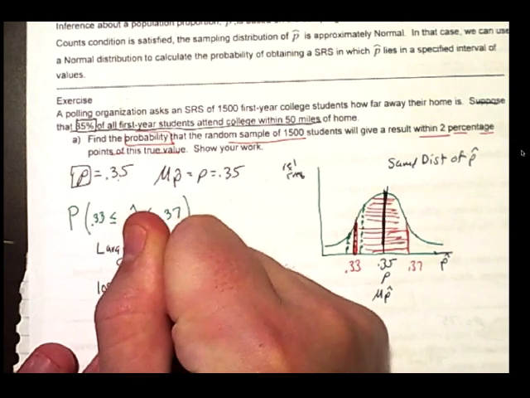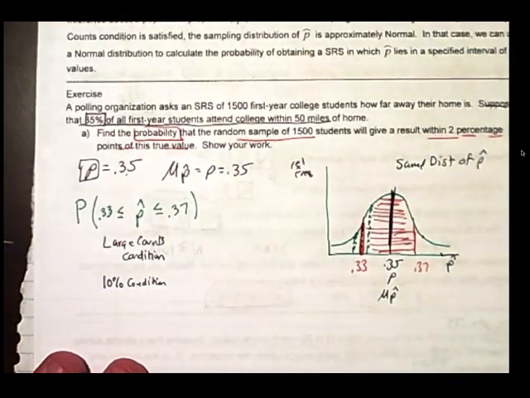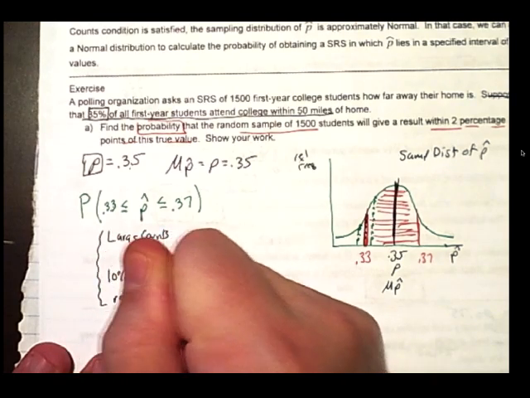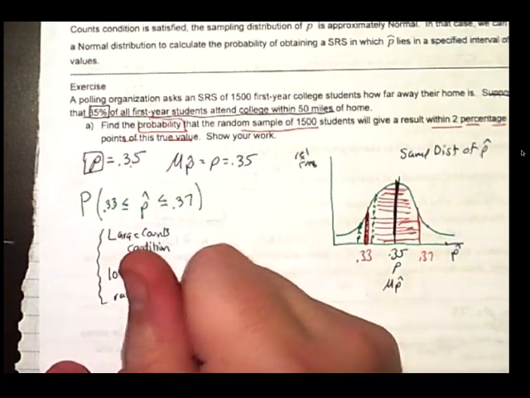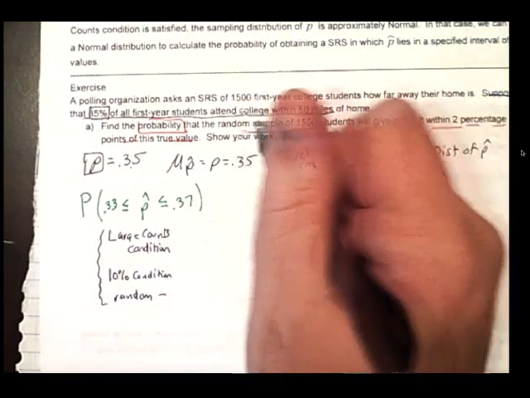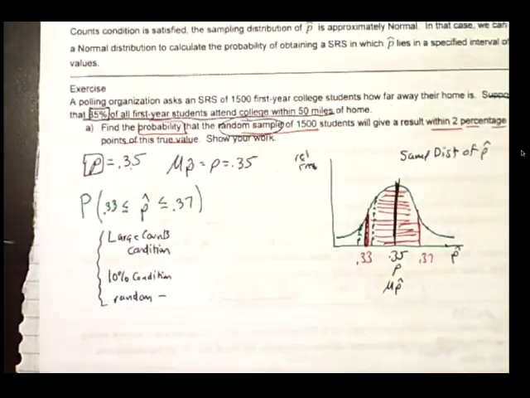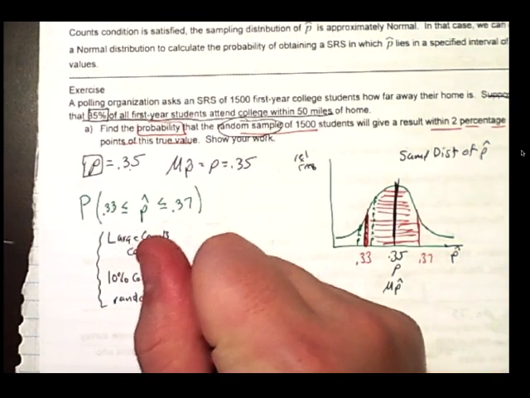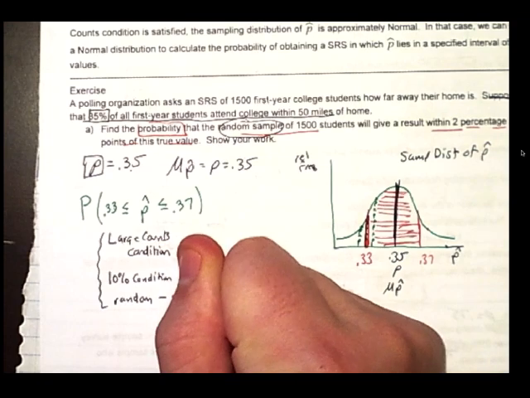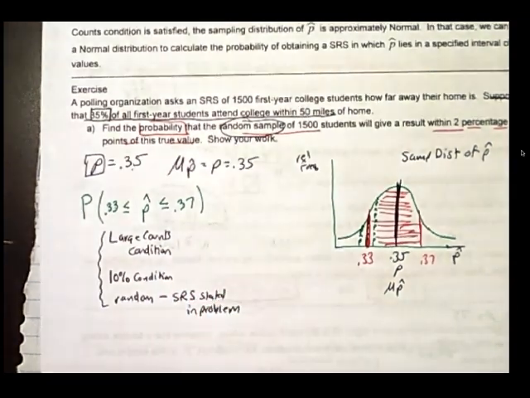We really should check both of these. And there's really one more condition to check, and that's the random check. So let's start with the random because that's easy. Did the problem tell me that I had a random sample? Yes. So simple random sample stated in problem. Okay, so that works out.